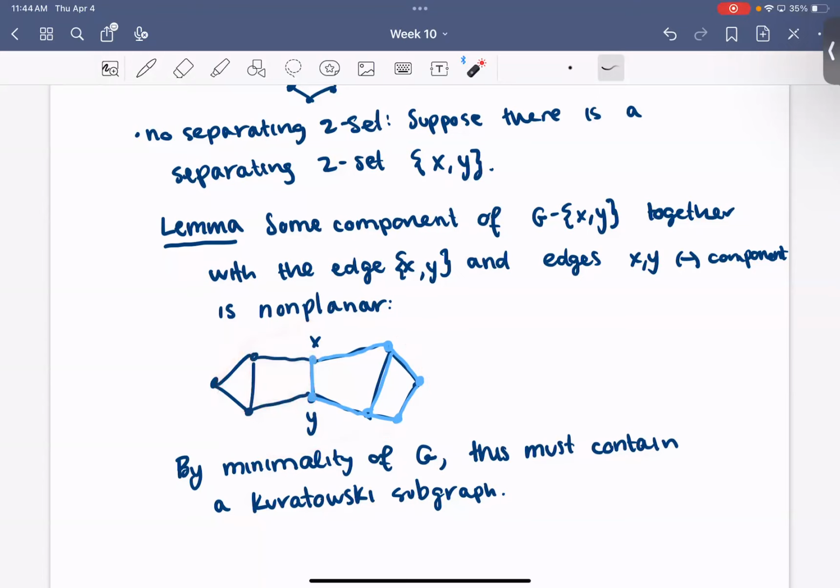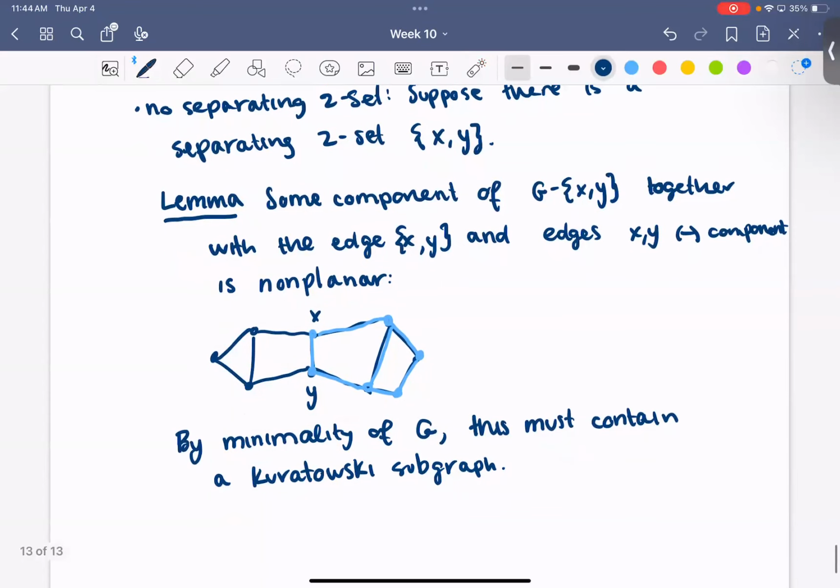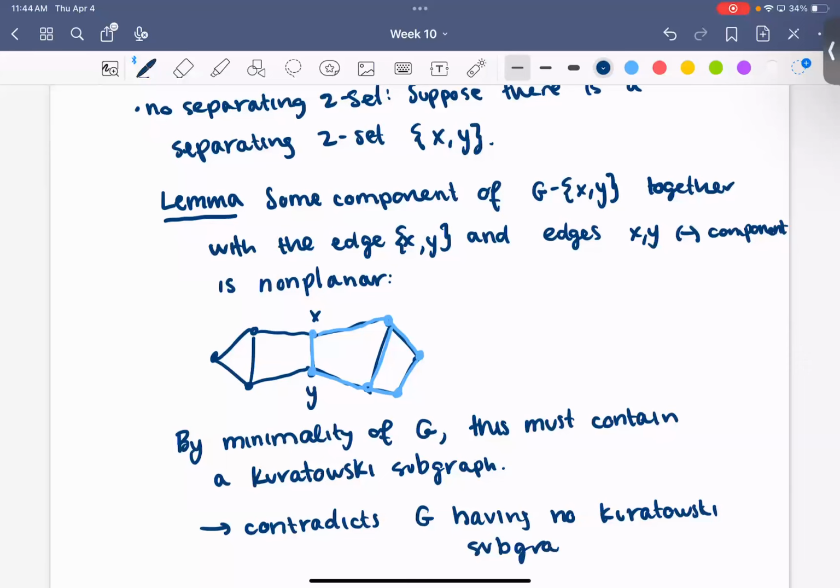And that contradicts there being a separating 2-set. Okay, so that was the sketch of part 1.